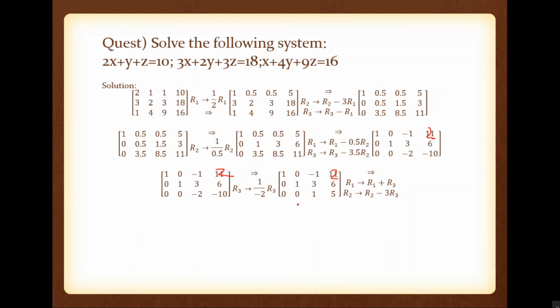Now what about the third row? This is 0, this is 0, this is 0. Now this one is also 0. 0 minus 3 into 0, that is 0. This is 1 minus 3 into 0, so that is 1. So this 1 remains as 1. Now this is 3 minus 3 into 1, so that is 0. So this term will become 0.